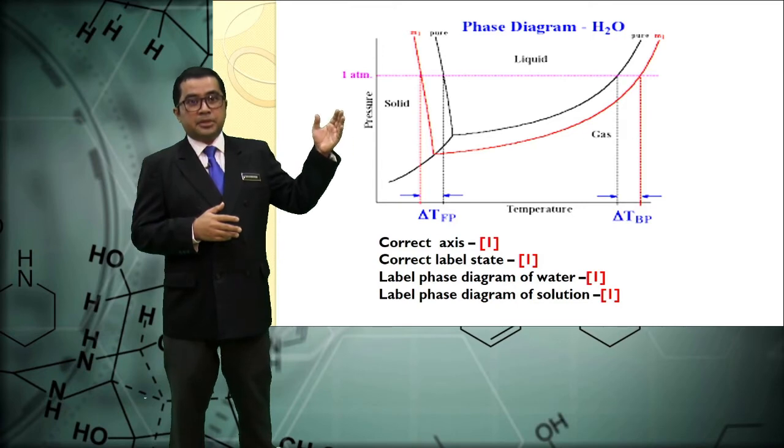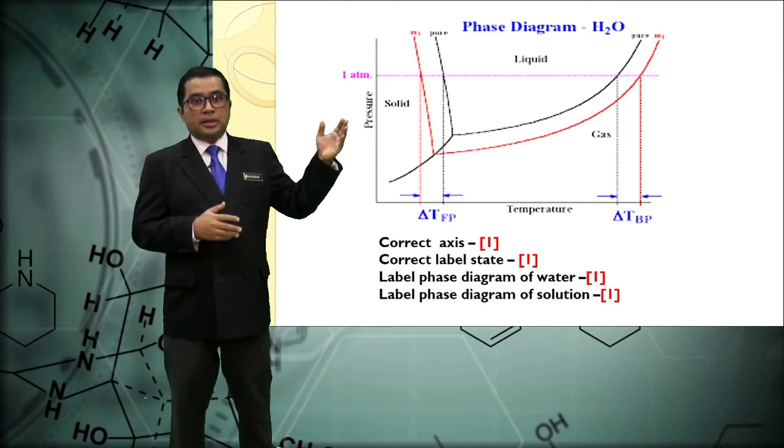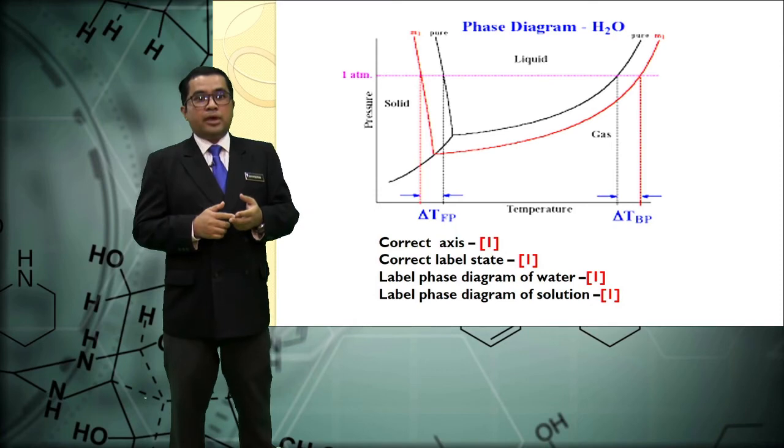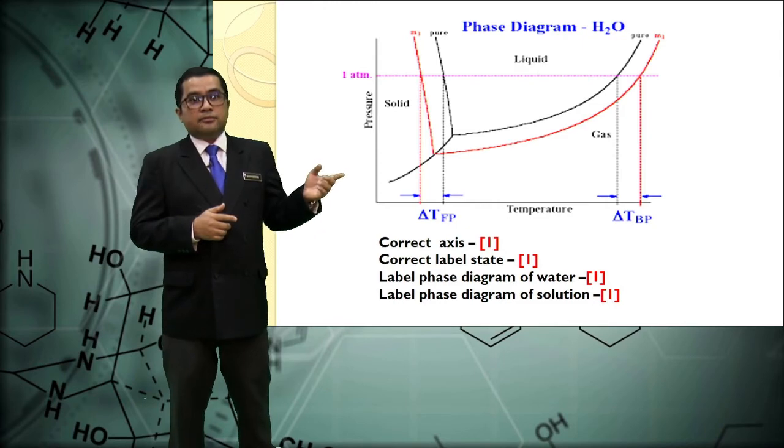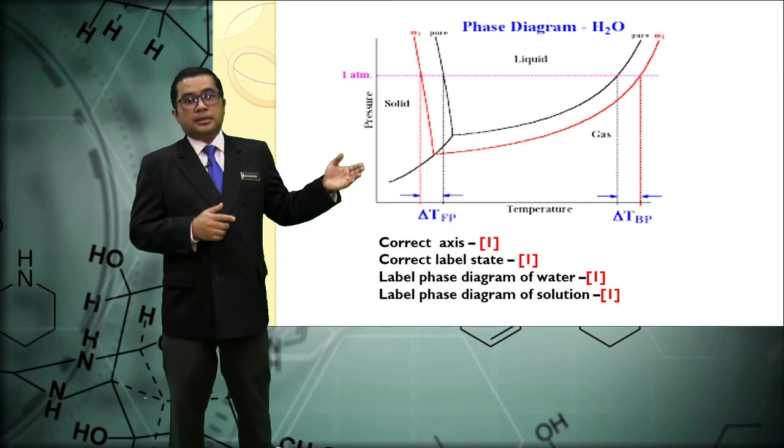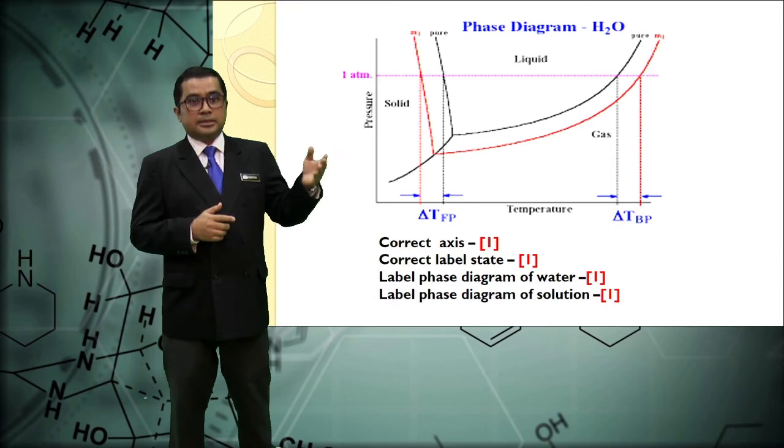For example, where is the solid, where is the liquid, and where is the gas. The phase diagram of water is represented by the black line, while the solution is represented by the red line.